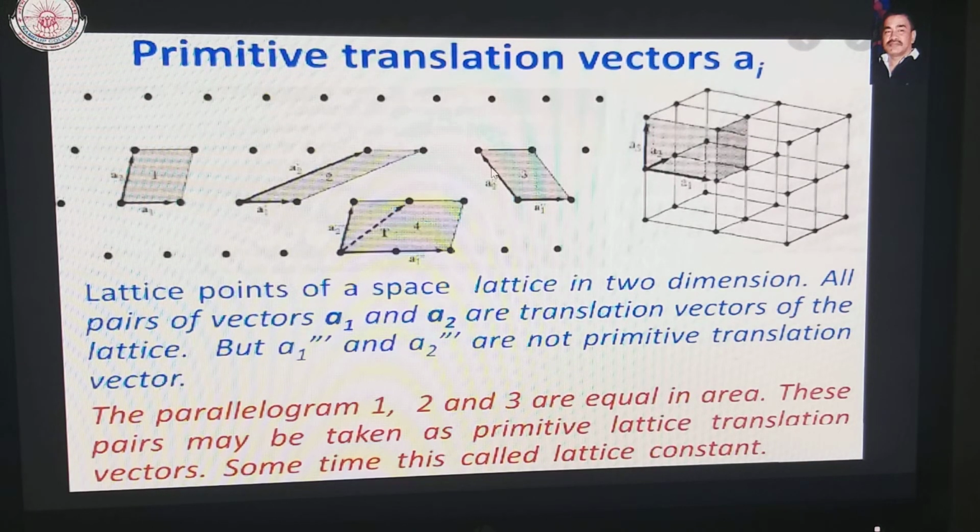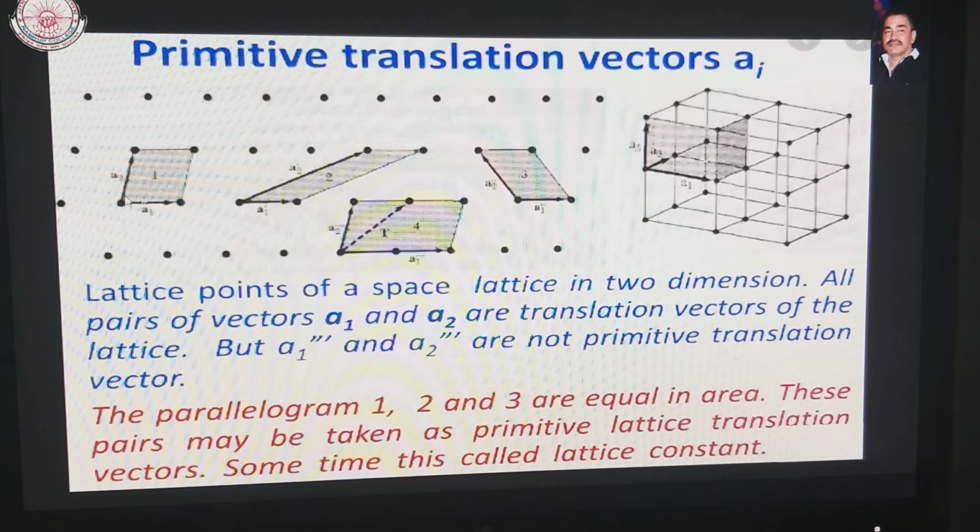Primitive translation vectors. Lattice points of a space lattice in 2 dimensions are observed in the first figure. All pairs of vectors A1, A2 are translation vectors of the lattice, but A1 triple dash and A2 triple dash are not primitive translation vectors. Why? Because as you observe in figures 1, 2 and 3, the areas are equal.